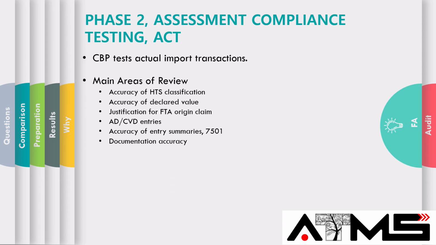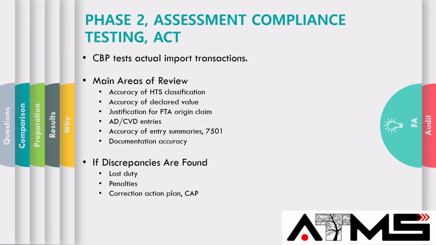Key review items include accuracy of HTS classifications and customs value, appropriateness of FTA claims, compliance with AD and CVD, accuracy of the CBP Form 7501 entry summary, and consistency of documents and supporting evidence. If errors are found, the importer may face additional duties, penalties, or a corrective action plan called CAP.